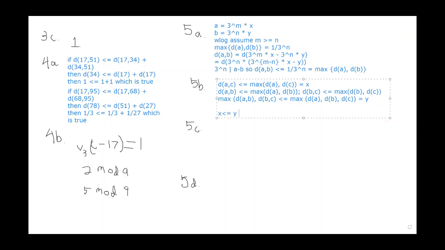But if you take a look at your inequality signs here, you've got d of AC is less than or equal to x. We'll call this the left-hand side. Left-hand side is less than or equal to x, right-hand side is less than or equal to y, and x is less than or equal to y. The issue here is that this does not immediately imply that the left-hand side is less than or equal to the right-hand side. Does that make sense? So be careful.